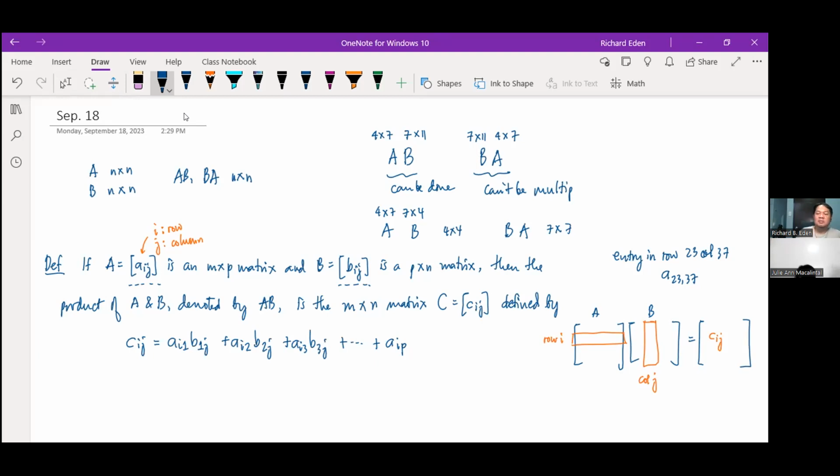In other words, column J of B has P entries.